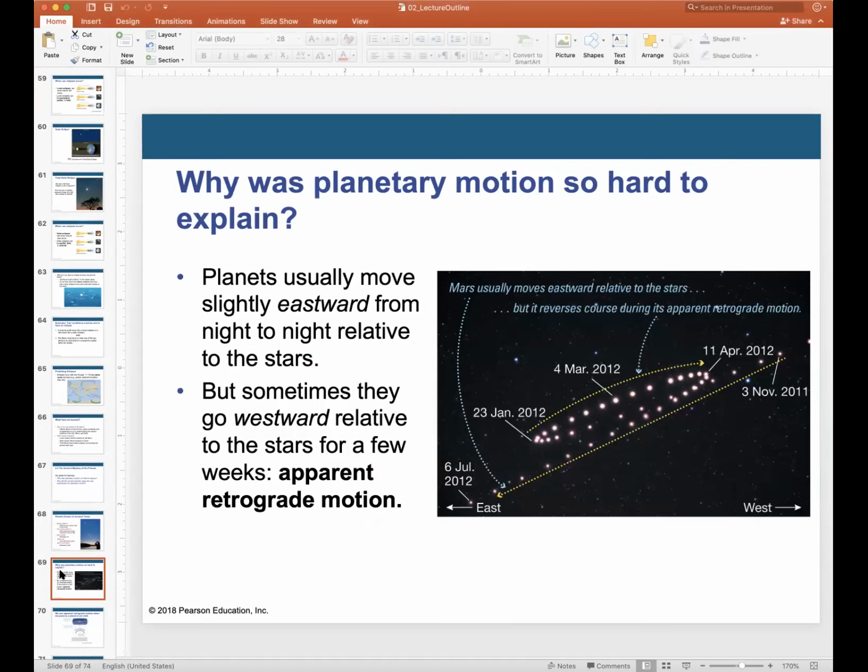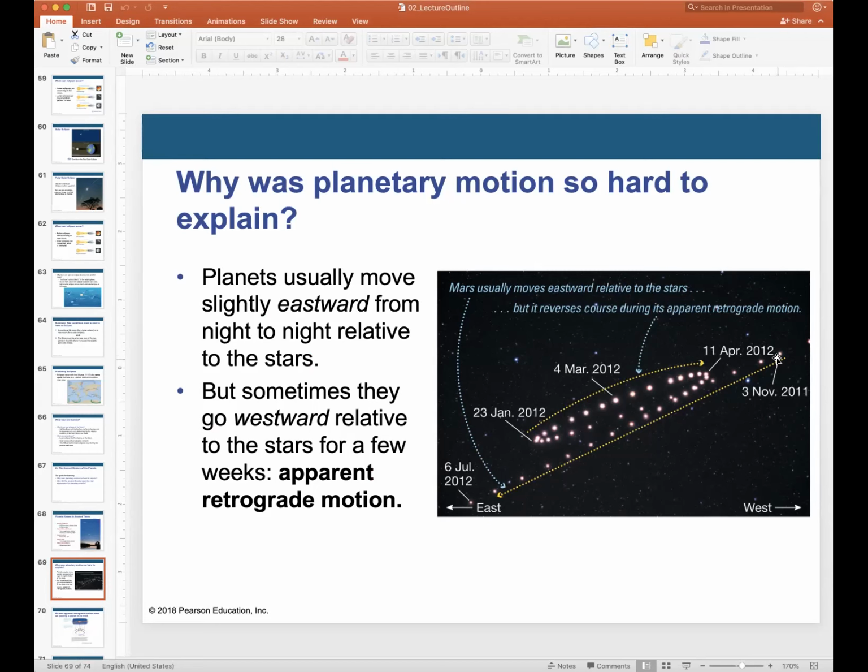But something that they could not explain is that when you're looking at the path of some of these planets, they tend to start from west, going to east, and then they go back. So here, for example, on November 3rd, 2011, is the path of Mars.